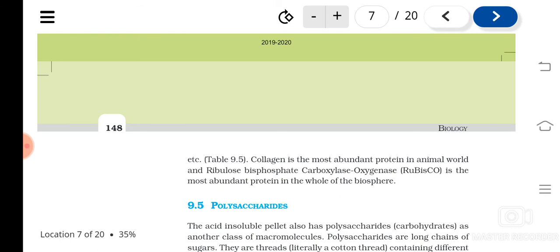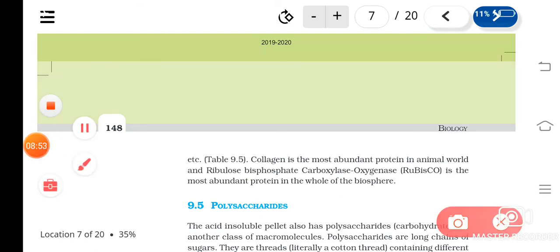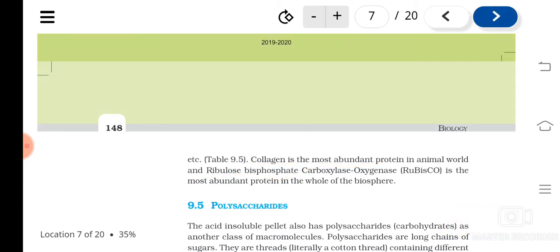Collagen is the most abundant protein in the animal kingdom. And ribulose bisphosphate carboxylase oxygenase, RuBP carboxylase oxygenase, we will study this also in the respiration chapter. Ribulose bisphosphate carboxylase oxygenase, rubisco, is the most abundant protein in the whole biosphere.